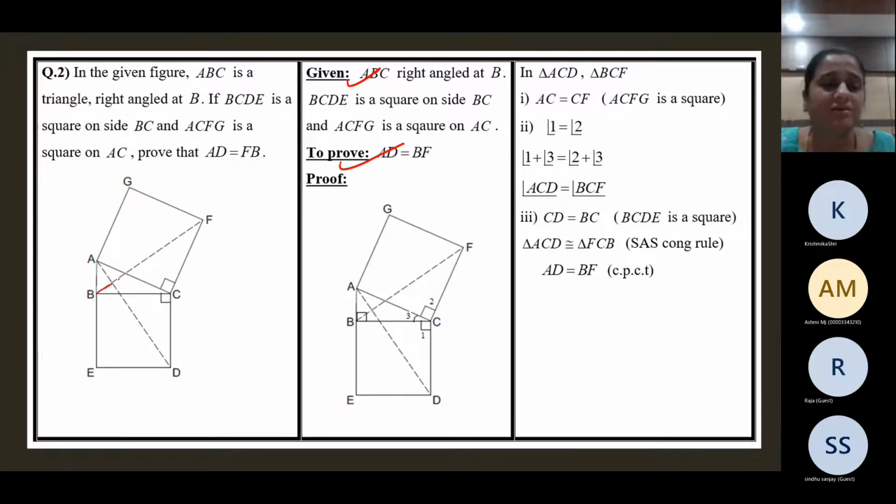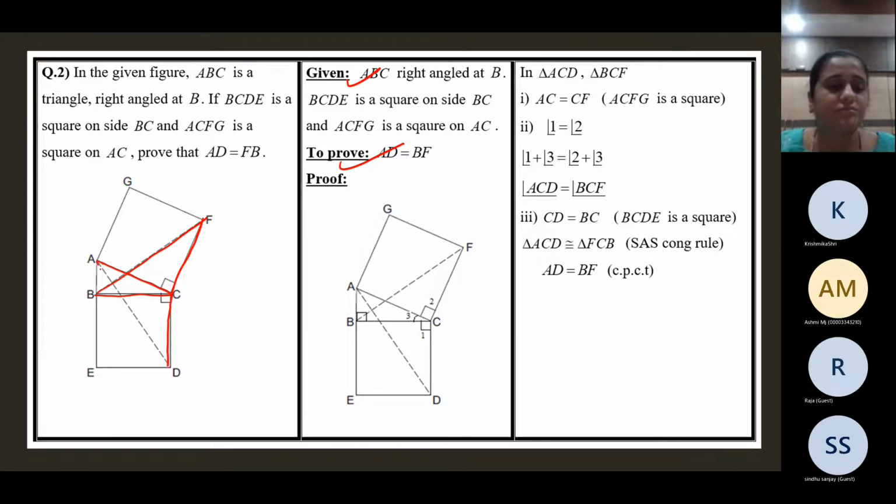So you can see that BF is a side of the triangle BCF, and AD is a side of the triangle ACD.